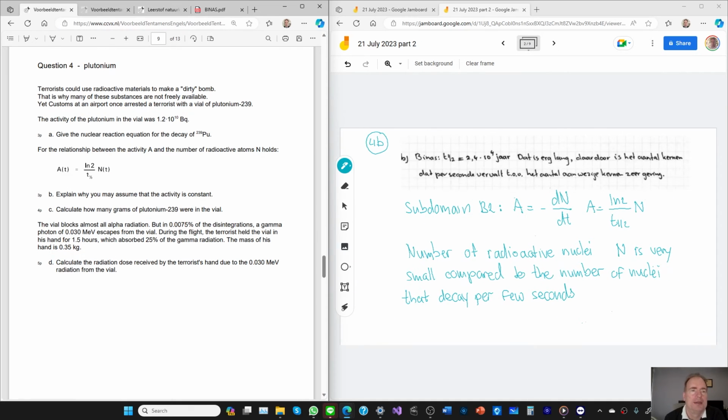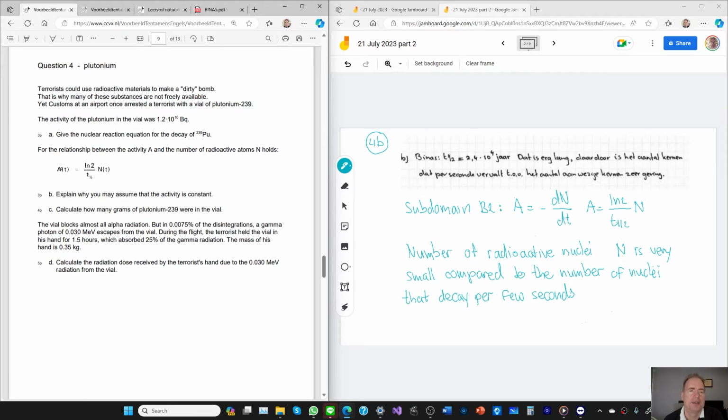Okay, for B, find the ratio between the activity A and the number of radioactive nuclei. They give the relation. Actually, this relation is already given in the syllabus, and it makes sense that the activity is proportional to the number of radioactive nuclei.